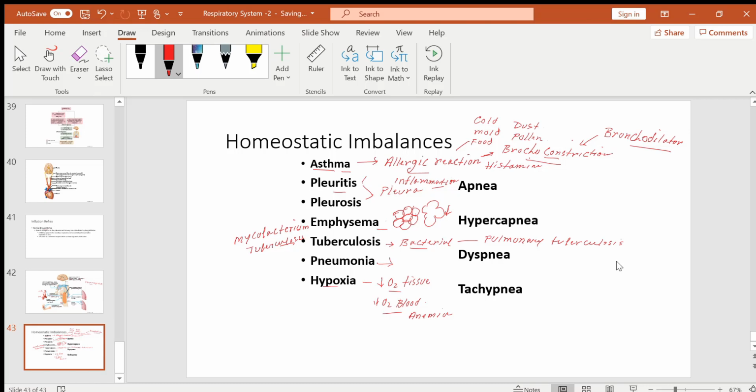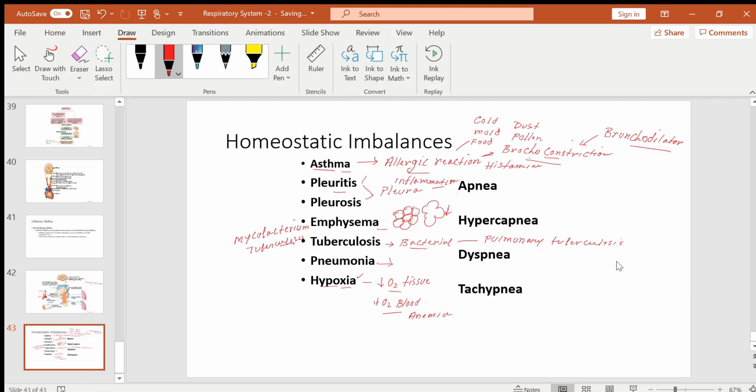Hypoxia can be physiological hypoxia, which is not a disease. If you go on the top of the mountain, the oxygen pressure in the air is less, so in that case you will get hypoxia, but when you come back, it will get back to normal. So that is one. Another could be due to anemia or other blood disorders.